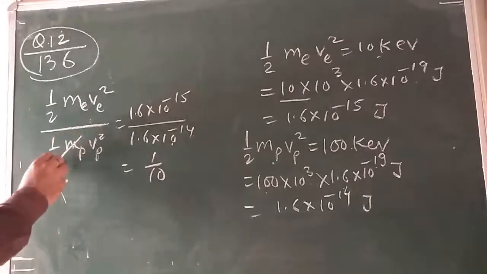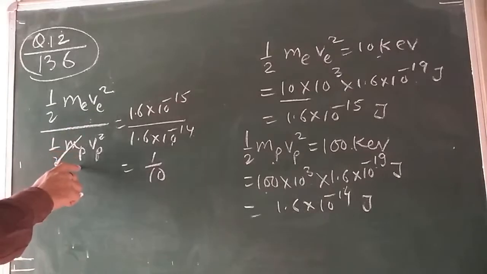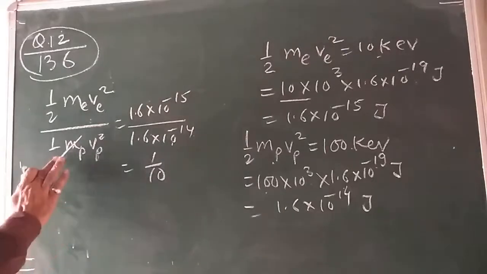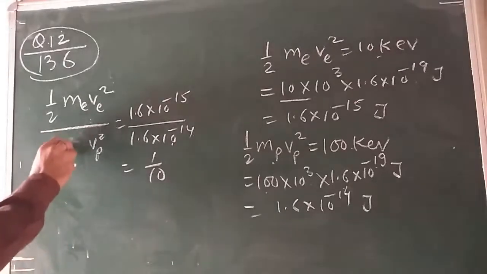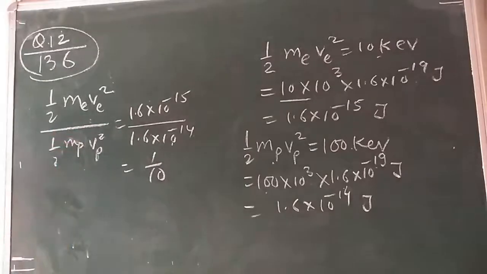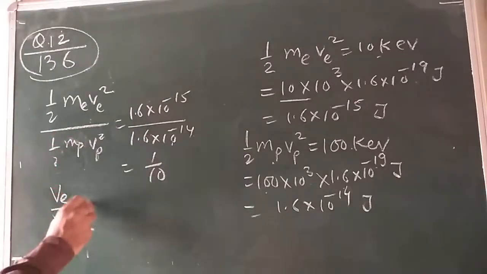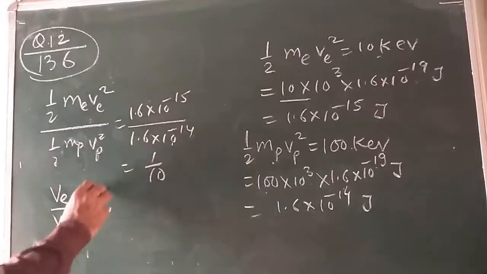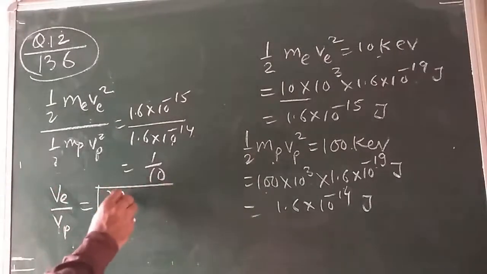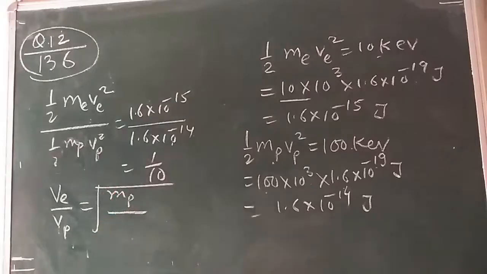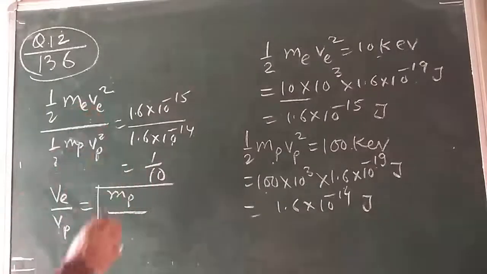Here 1 by 2 Me, mass of the electron, and Mp, mass of the proton. So we have to find the speed ratio Ve upon Vp, which is equal to the square root of Mp divided by 10 into Me.